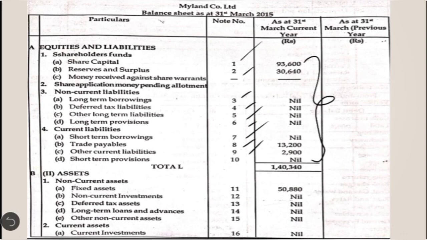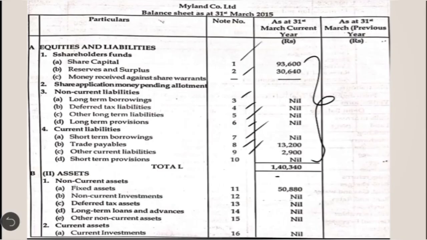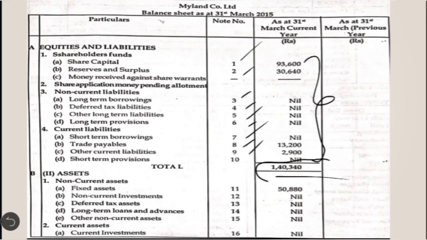Then coming to the assets side, we have note number 11, 50,880, 12, 13, 14, 15, 16 are nil. Then 17 we have 30,000, 18 is 41,860, 19 is 17,500, 20 is nil, 21 is 100 rupees. So when you take the total from 11 to 21, we get the total of 1,40,340. It is the same as the total of equity and liabilities. So our balance sheet has tallied.